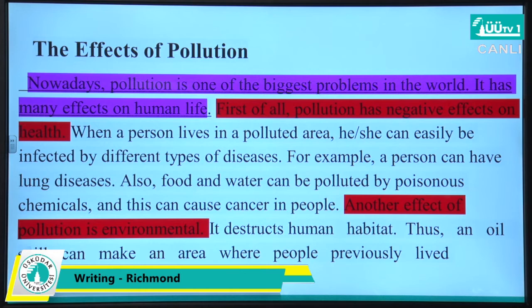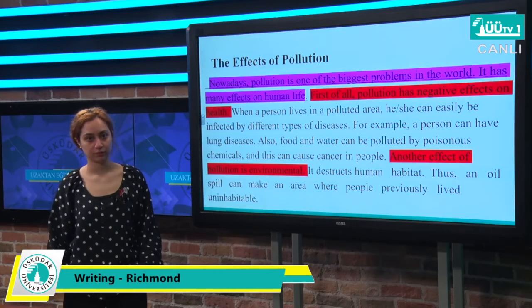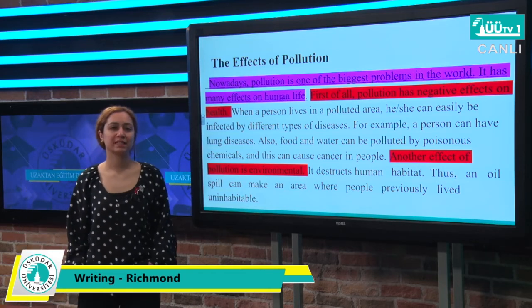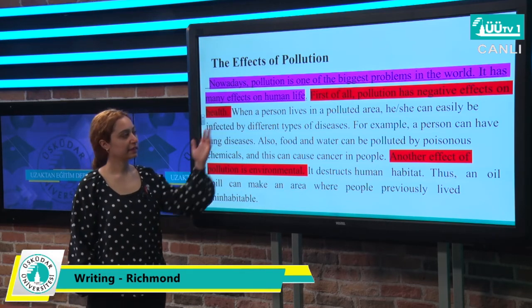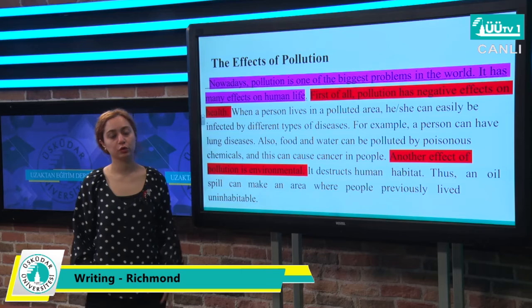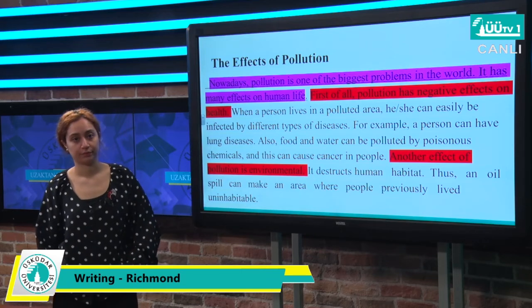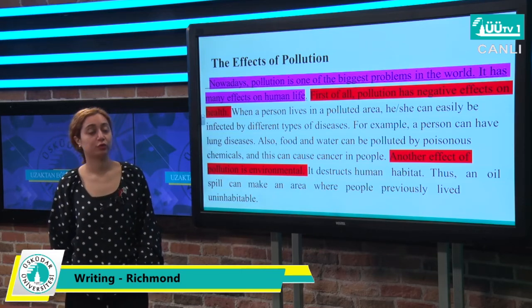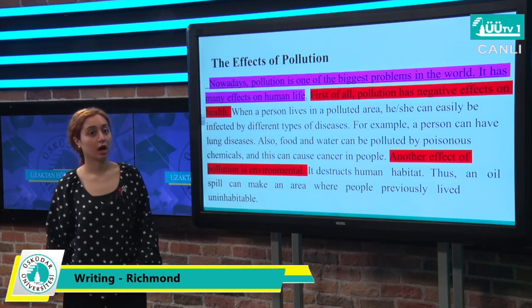Also, food and water can be polluted by poisonous chemicals, and this can cause cancer in people. So after our first supporting sentence, it gives us a very good detail of the negative effects of pollution on our health.